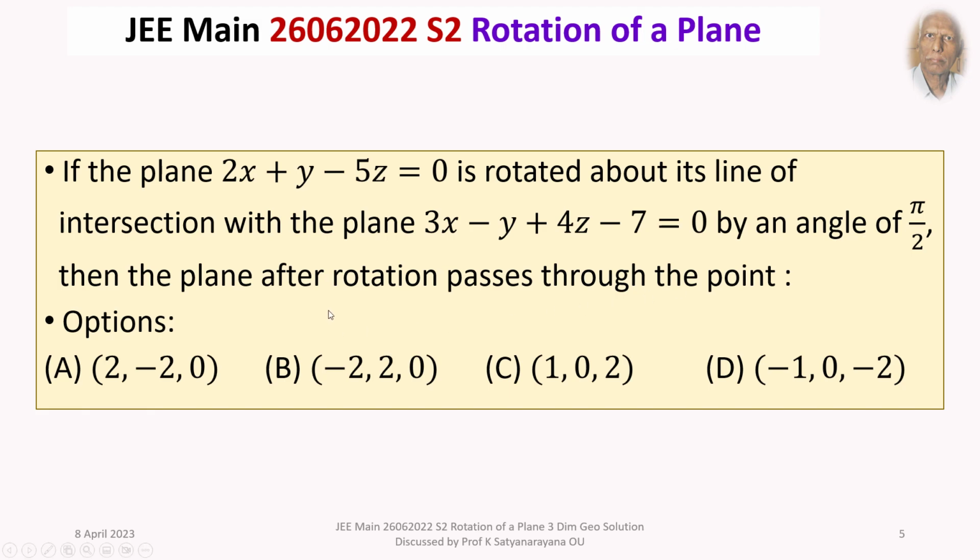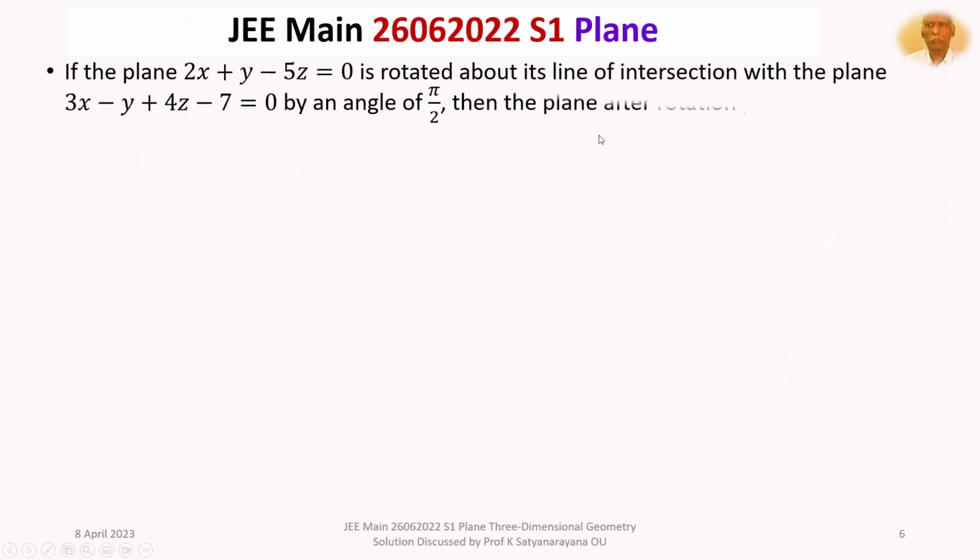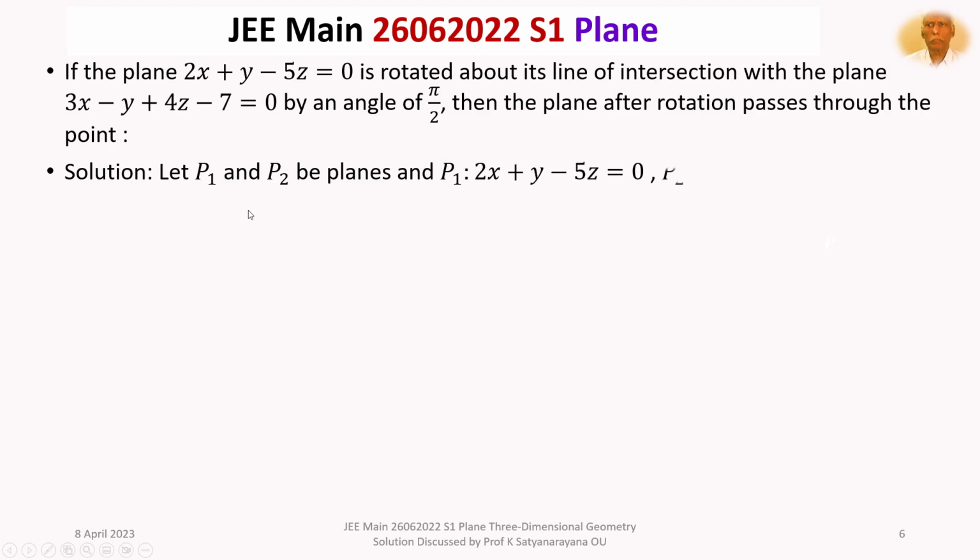Then the rotated plane passes through one of the following 4 points. We have to find out that point. That is our given question. Let's now discuss the solution of the problem in detail.